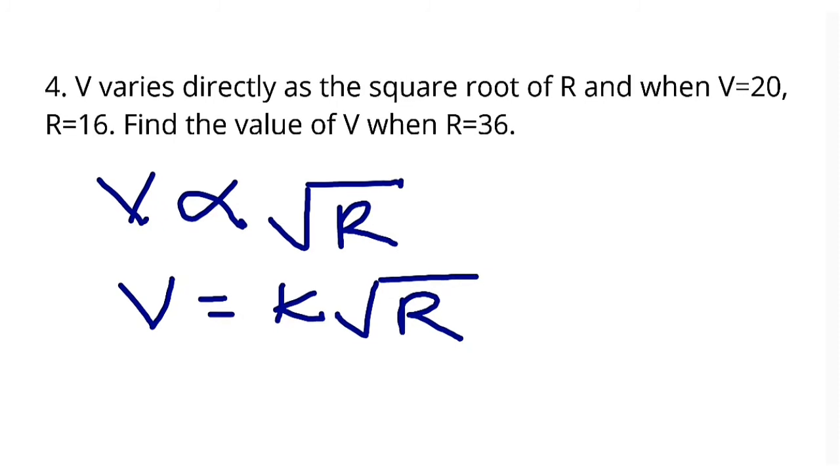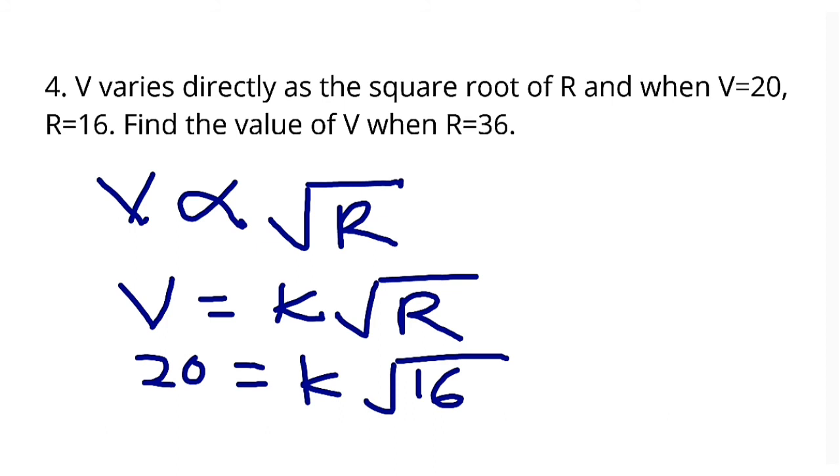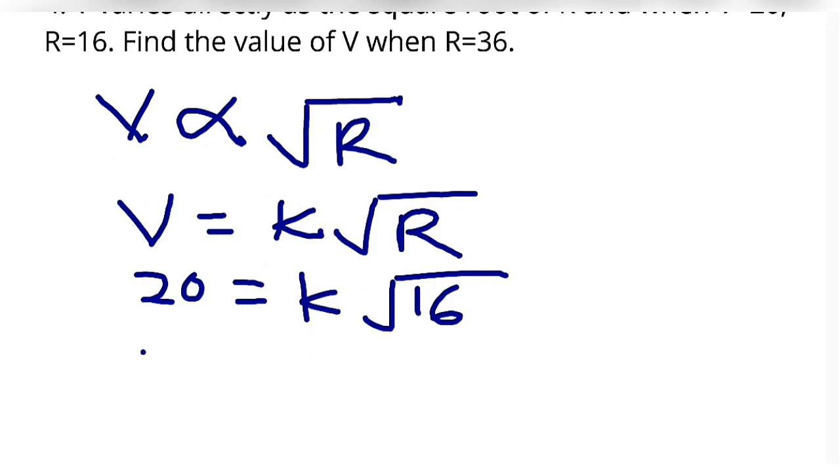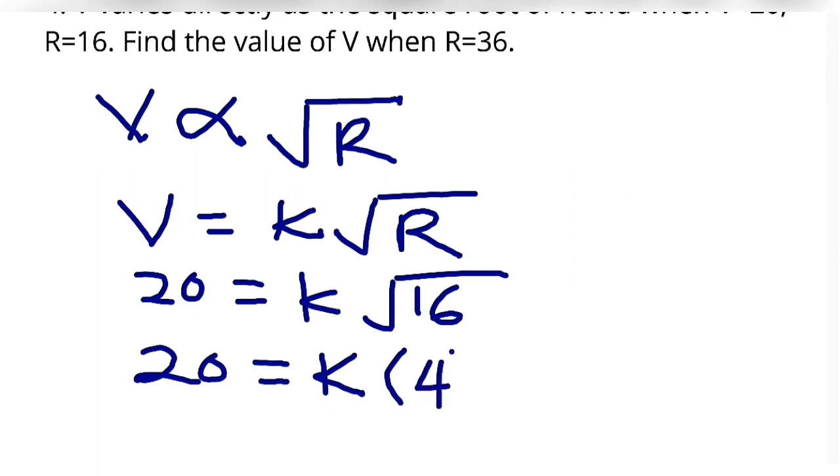So when v equals 20, r equals 16. So where there is r, you put 16. That will give us 20 equals k times the square root of 16. The square root of 16 is 4.